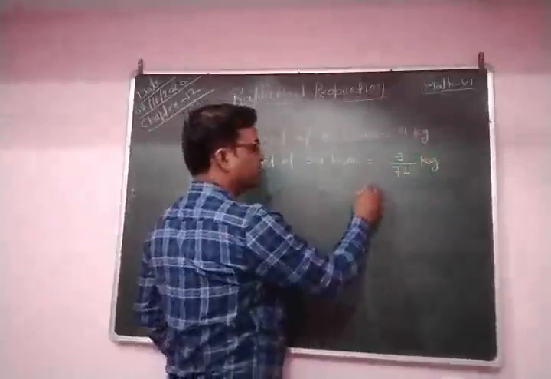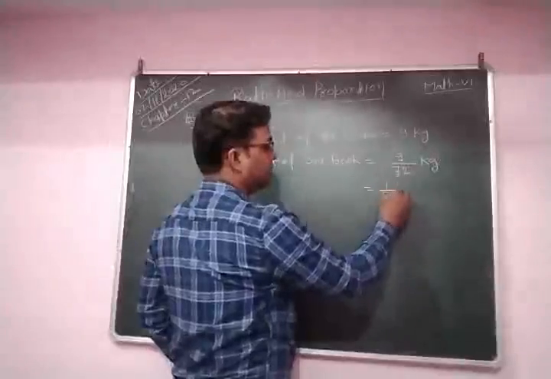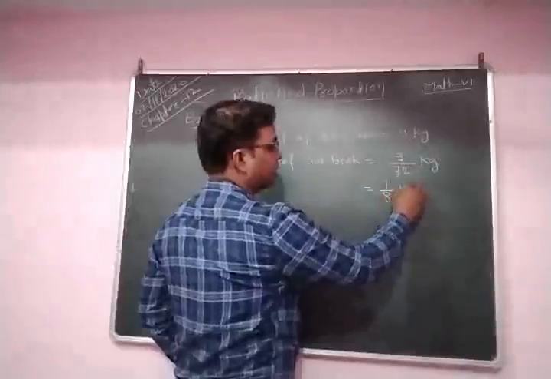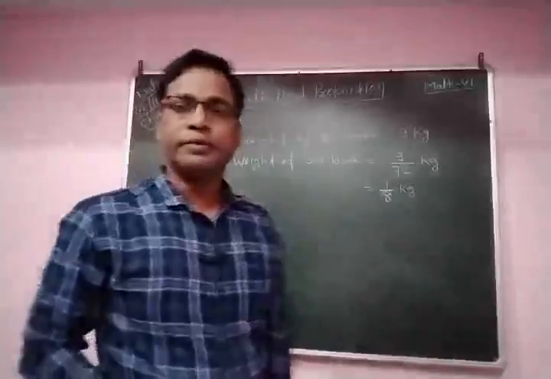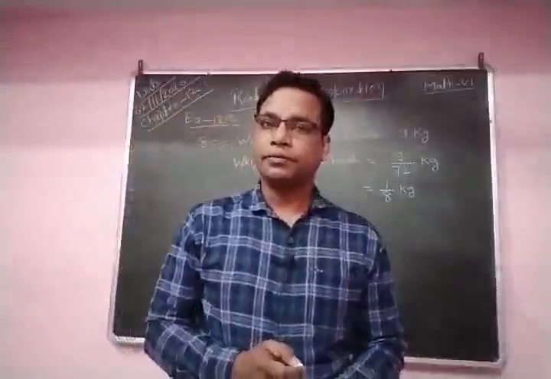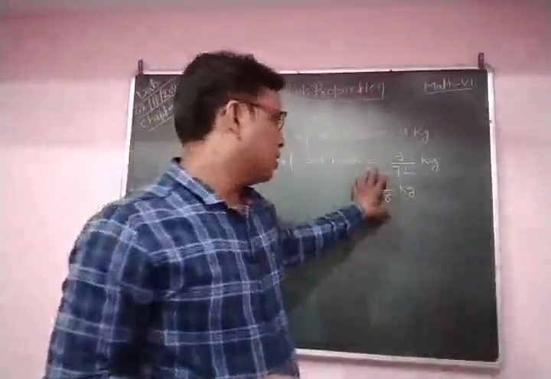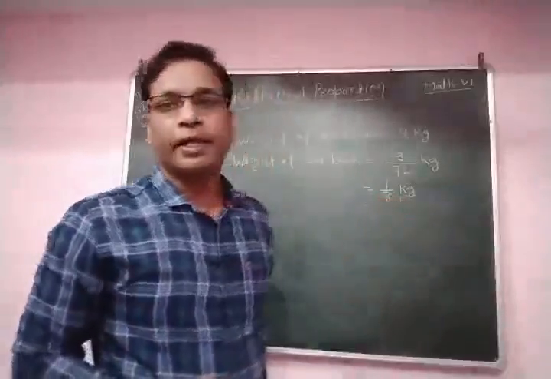If you cancel this, 9 ones are 9, 9 eights are 72. So in this way we find the weight of 1 book is 1 by 8 kg.